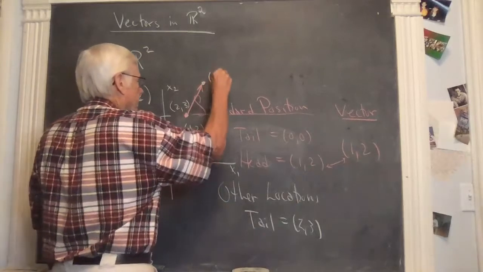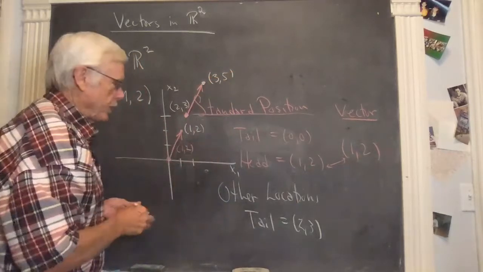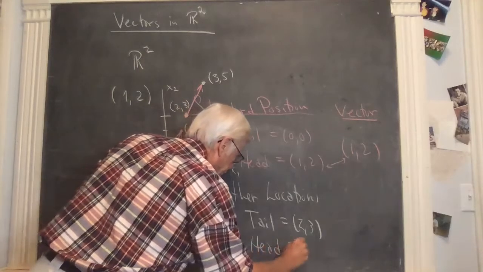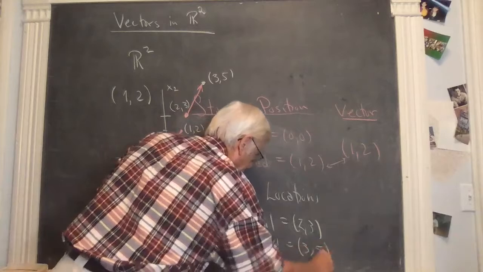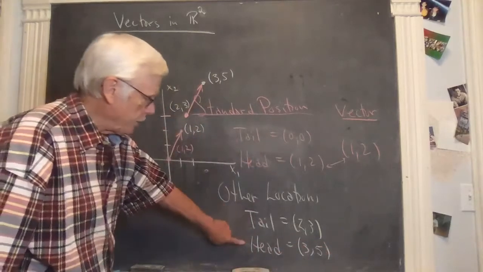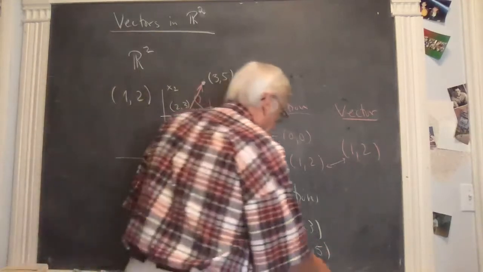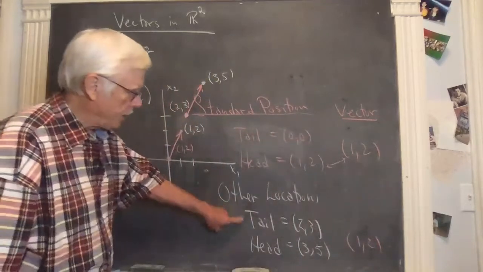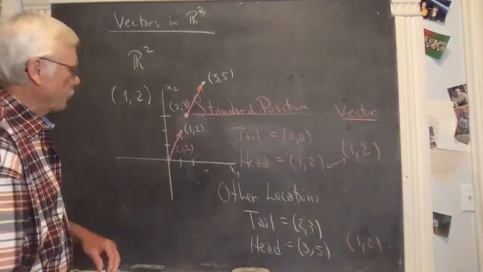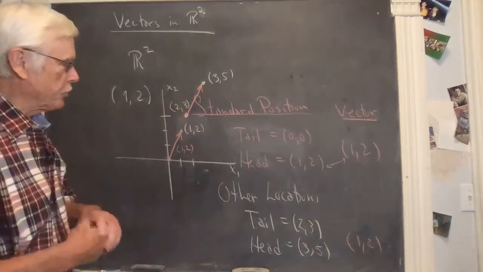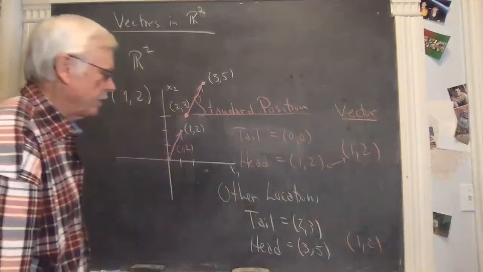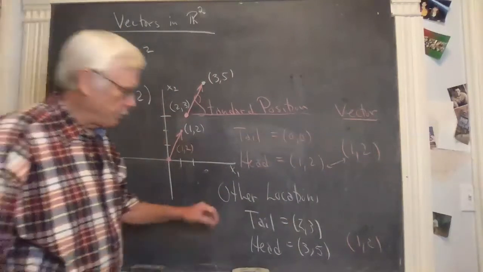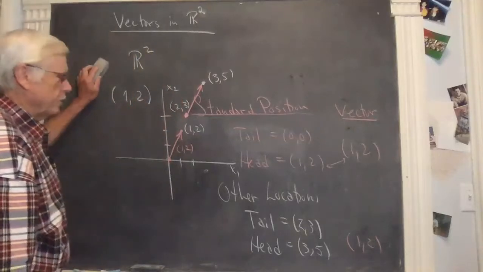It now ends at 3, 5. So this is again the vector 1, 2. If the tail is 2, 3 and the head is 3, 5, the vector is the vector 1, 2. It describes how to go from the tail to the head. So this is the idea of vectors. There's an association between vectors and points, but a vector is a little more flexible than a point, and this is what we'll be looking at. So that is section 1.